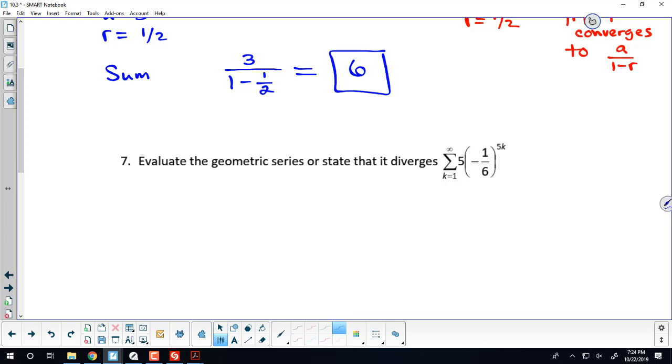So we're going to first rewrite this series. So it's 5 times negative 1/6 to the 5th, and then we can have all of that stuff to the k. That way we can see that's a times r to the k.